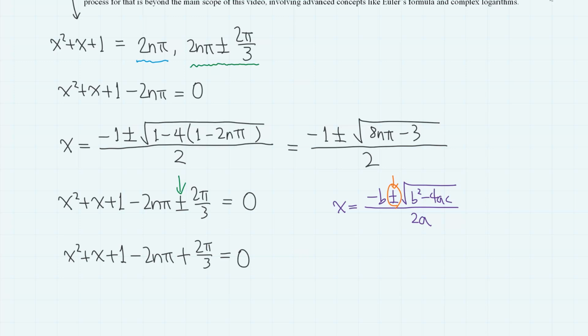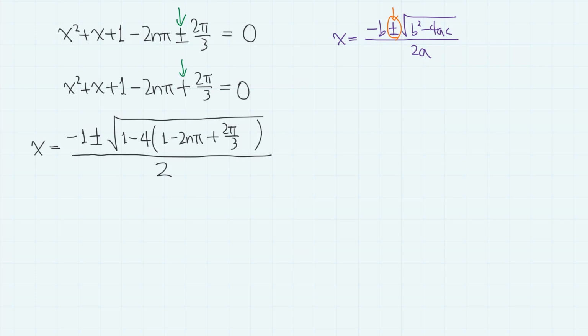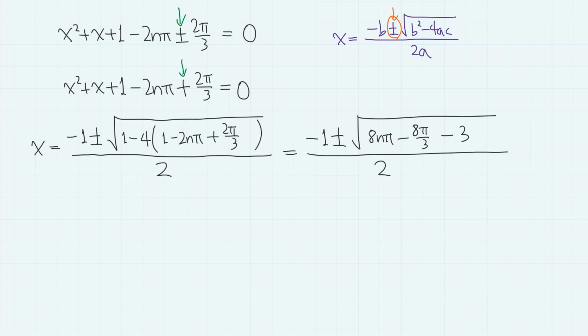So as for x squared plus x plus 1 minus 2n pi plus 2 pi over 3 equals 0, we have x equals minus 1 plus or minus the square root of 1 minus 4 times (1 minus 2n pi plus 2 pi over 3), divided by 2, which gives minus 1 plus or minus the square root of 8n pi minus 8 pi over 3 minus 3, divided by 2.